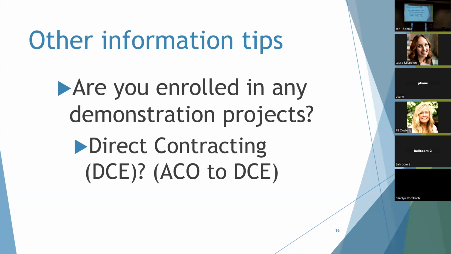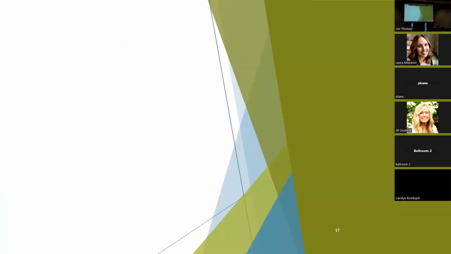The other reason you might be in an ACO, as Jill and I were talking this morning, is it'll pull your quality scores up, possibly, and that could get you more money on your commercial side. So there are other reasons, but in the end, you're going to get reconciled to your rural health clinic rate.